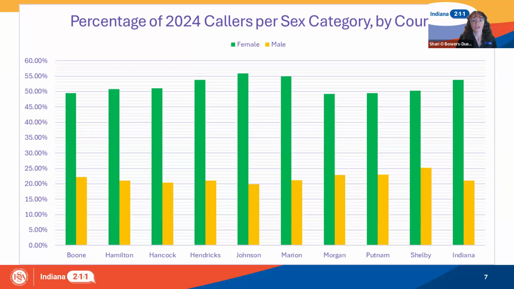Yeah, so good question. In terms of research, what 211 does is we focus more on the unmet needs than we do on the needs that are being met, since our job is to make sure we're maintaining a database of resources and providing those referrals. So we focus on the unmet needs and we go searching for resources that we can add to our database to meet those unmet needs so that we do have a referral next time.